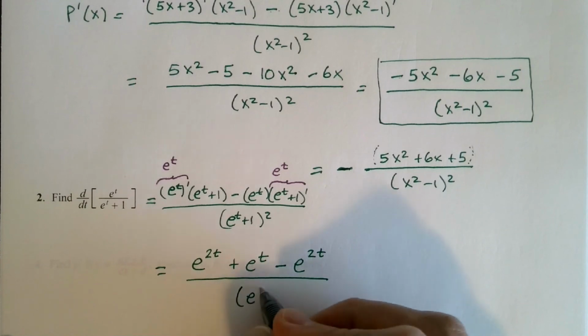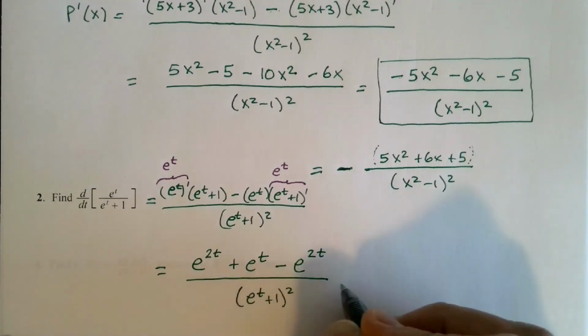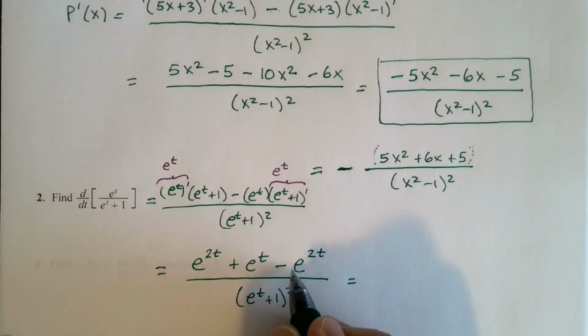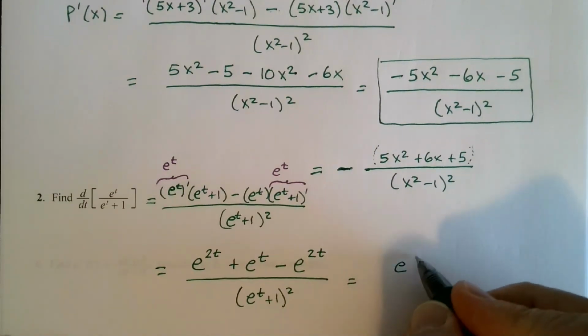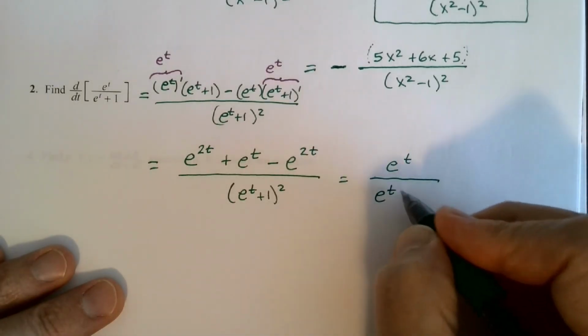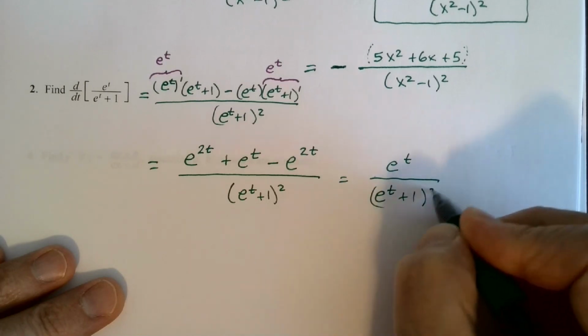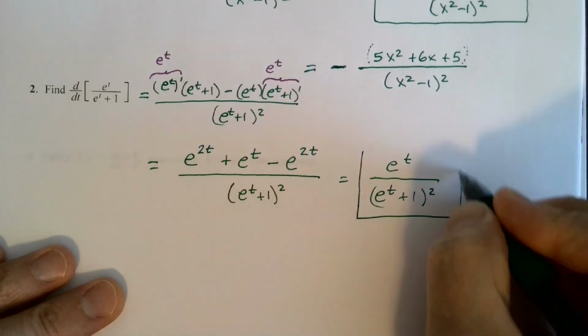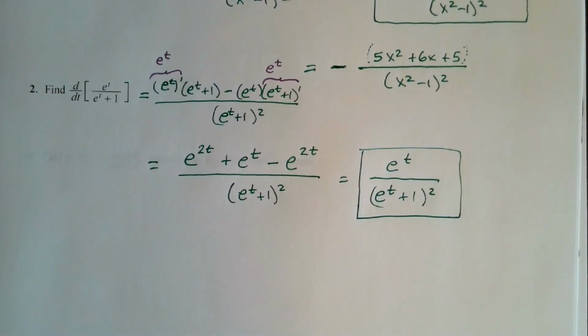Do we see how the top simplifies down very nicely? This minus this is 0. I'm just left with e to the t over this. And there is the derivative using the quotient rule.